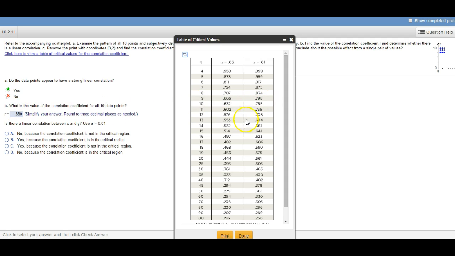So 0.88 is bigger than 0.765. That means that there is a linear correlation, which corresponds to B. The critical region is just anything above this in absolute value. So that's what we mean by the critical region.